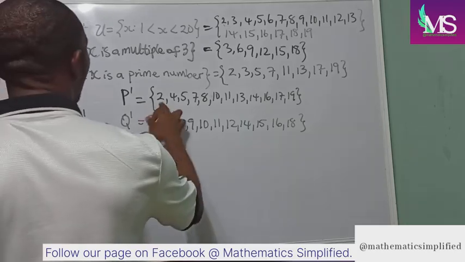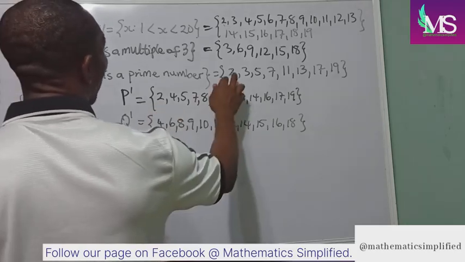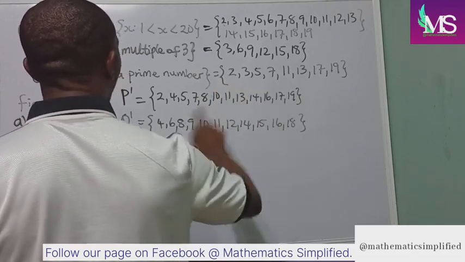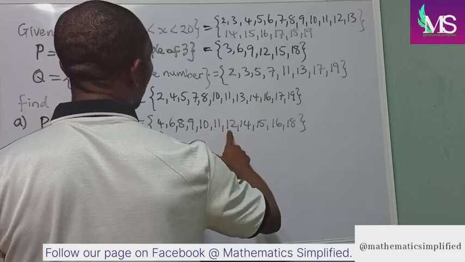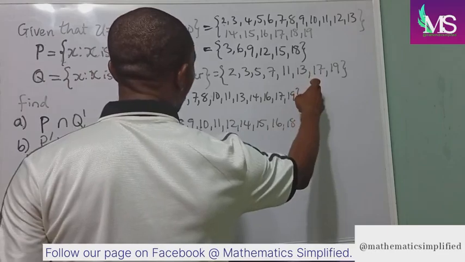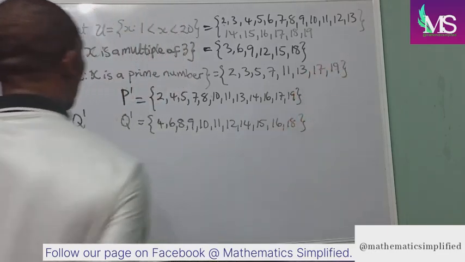Since we have 2, 3, 4, 5, 6, 7, 8, 9, 10, 11, 12, 13, 14, 15, 16, 17, 18, and 19.